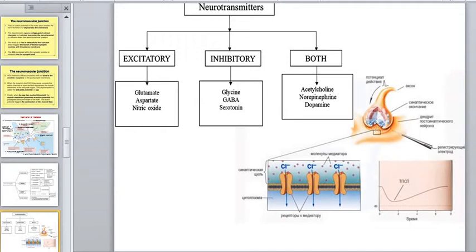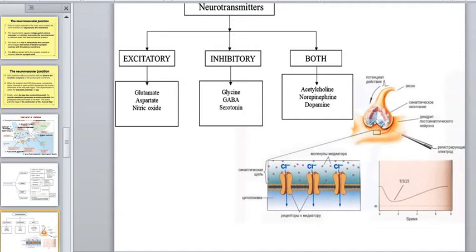It can excite, inhibit, or modulate them. Excitatory neurotransmitters have an excitatory, stimulating effect on the neurons. If a neurotransmitter is excitatory, it will increase the likelihood that the neuron will fire an action potential.